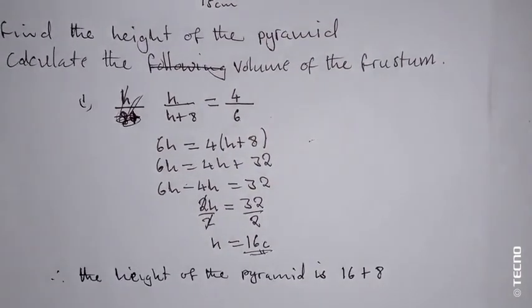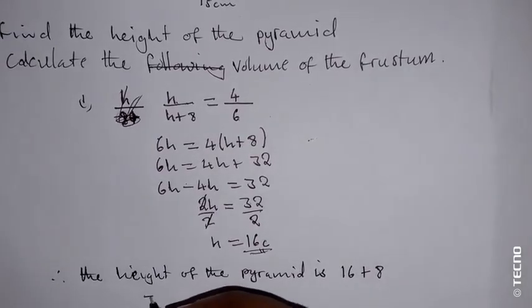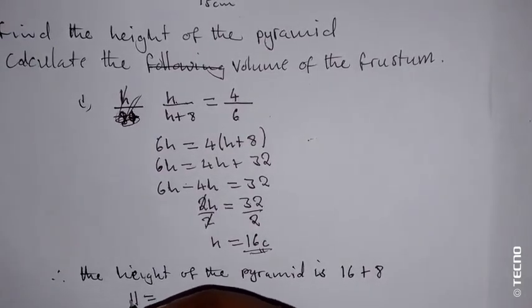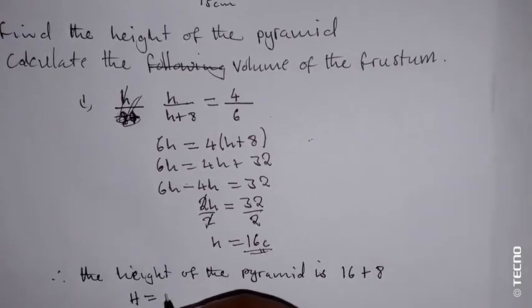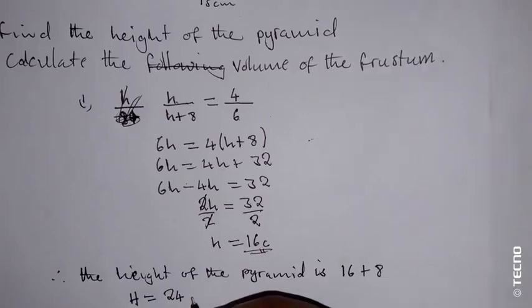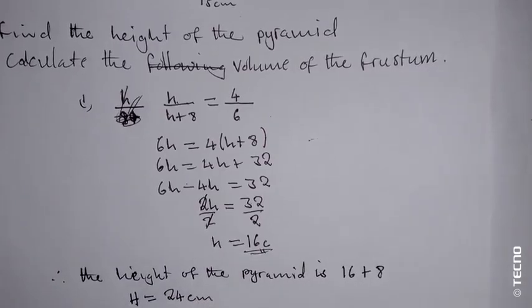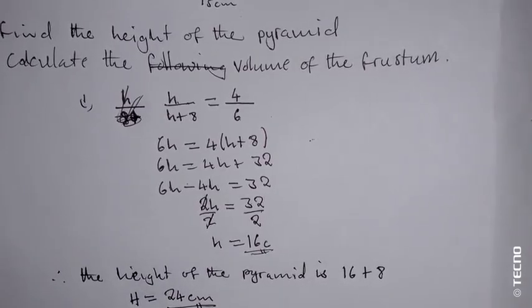Then what will be the answer? So here the answer for the height of the pyramid is going to be 24 centimeters. So this is the answer that we find.